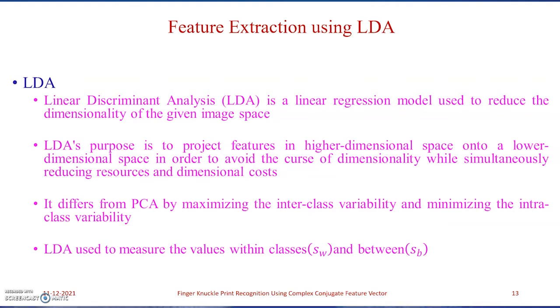The purpose of LDA is to project features in higher dimensional space onto a lower dimension to avoid the curse of dimensionality, while also reducing the resources and dimensional cost. The main difference of LDA from PCA is that it maximizes the interclass variability and minimizes the intra-class variability, and it is also used to measure the values within and between the classes.